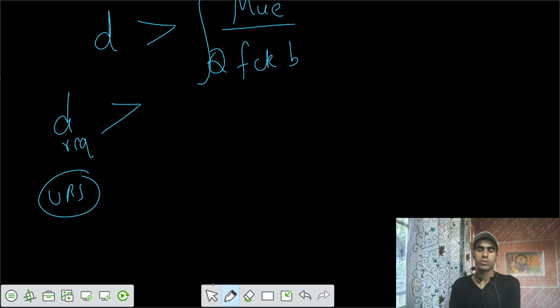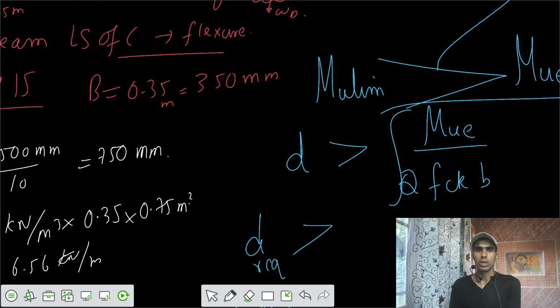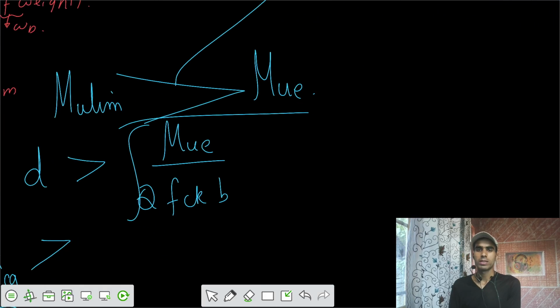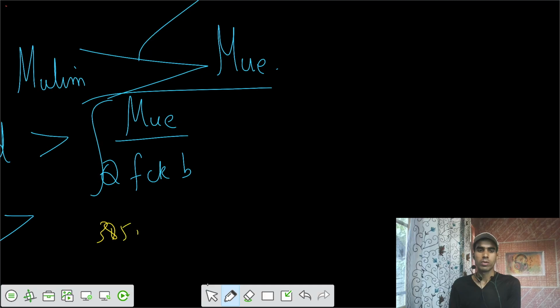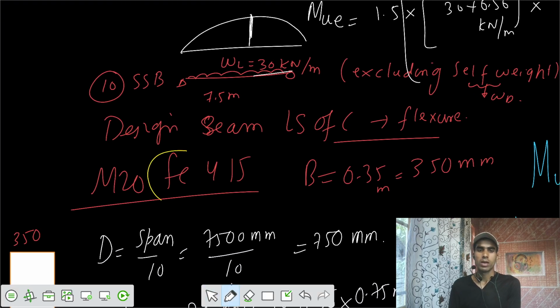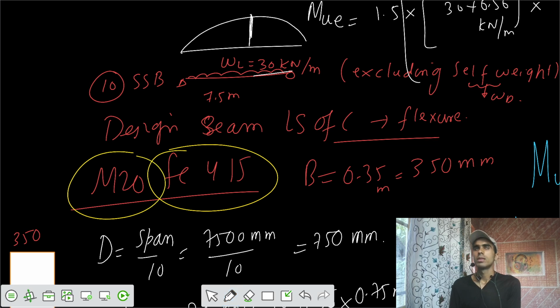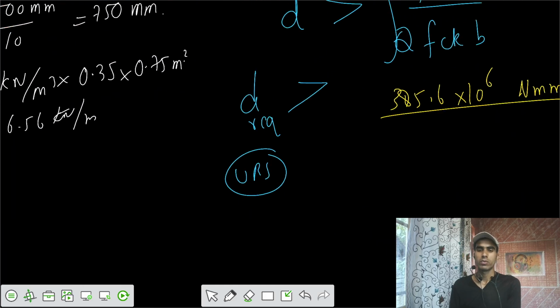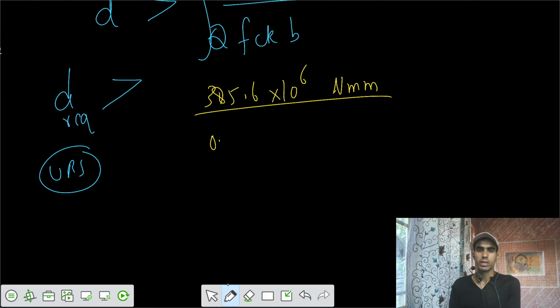Mu is 385.6 into 10 to the power 6 Newton millimeters, divided by Q for Fe415, which is 0.138, fck is 20, and b was given as 350 millimeters.